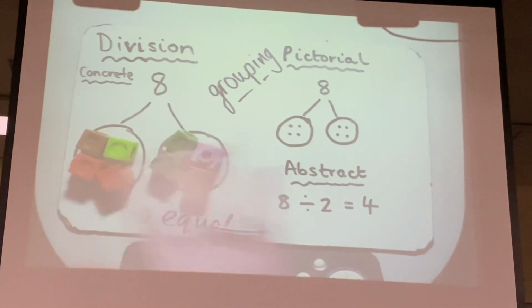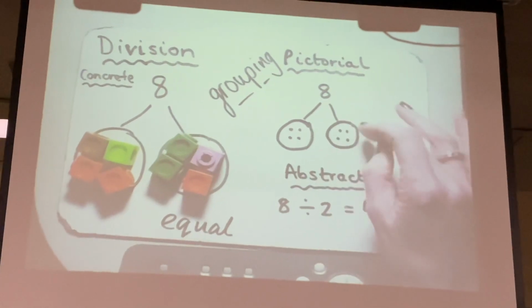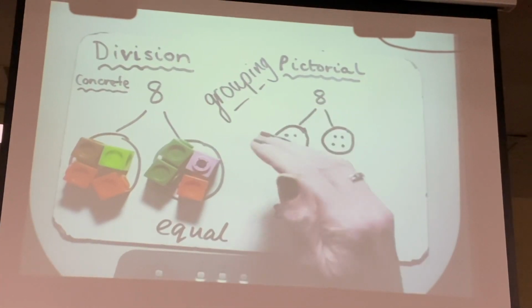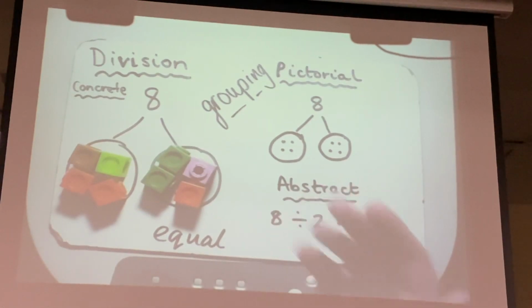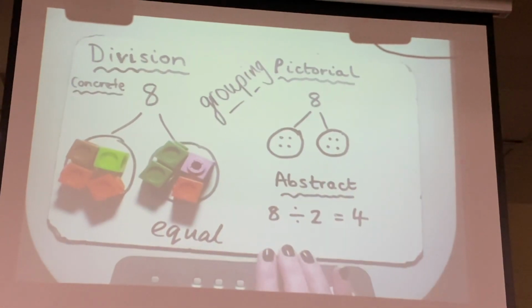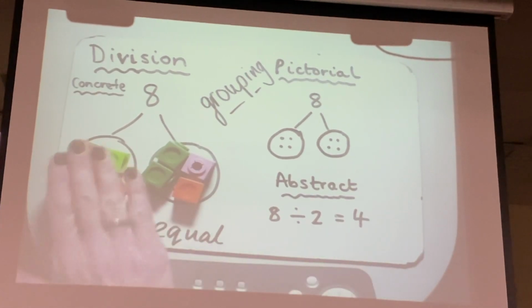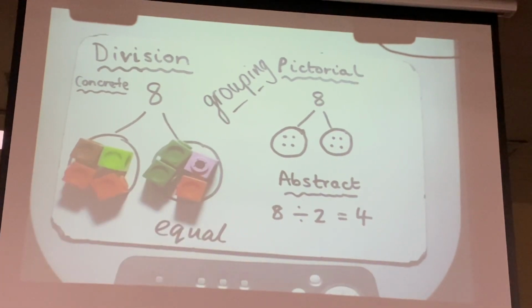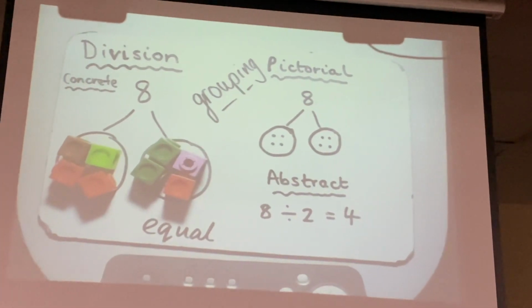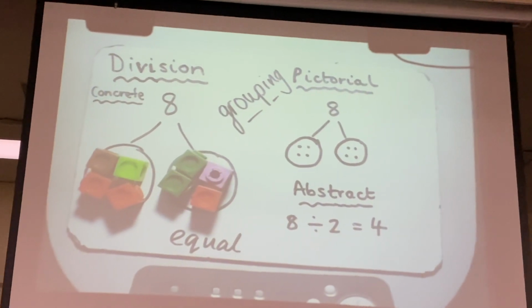Moving on to pictorial, the number 8, and the children can draw the correct number in each section so that the groups are again equal. Abstract, then the symbol: 8 divided by 2 equals 4. So we move from the concrete to the pictorial to the abstract, with the concrete resources to be able to share, so that they get the idea that when dividing, you are sharing, you're putting things into groups.